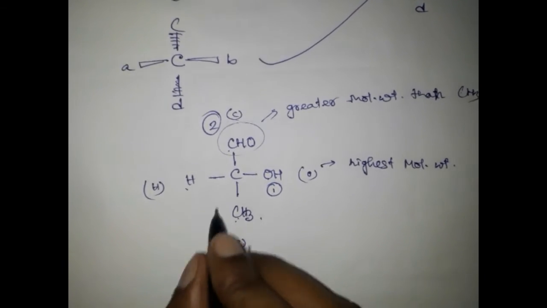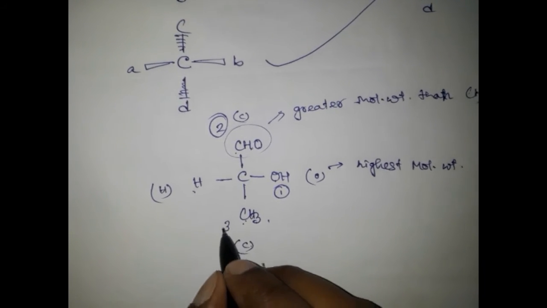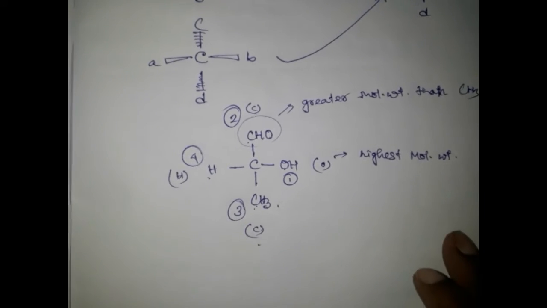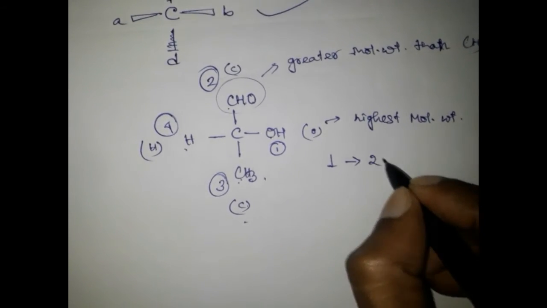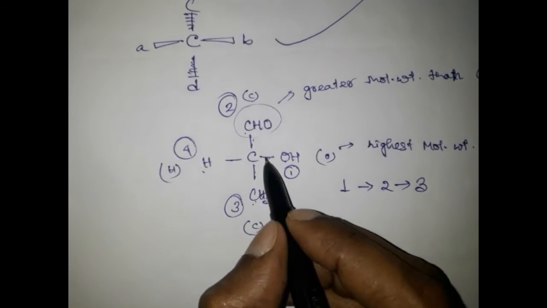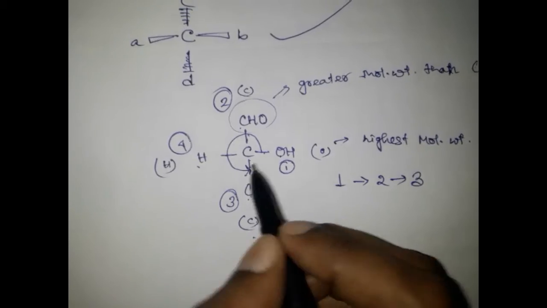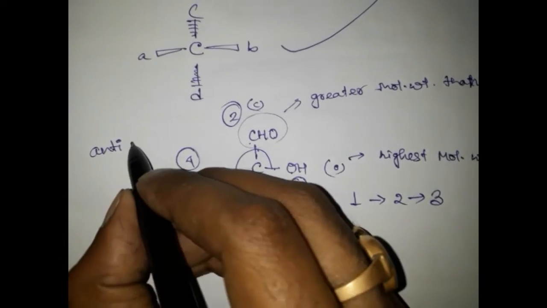Between H and CH3, CH3 has the greater weight, so it is 3 and H is 4. And we will go from 1 to 2 to 3. If we go from 1 to 2 to 3, we have to circle like that, and it is anti-clockwise.